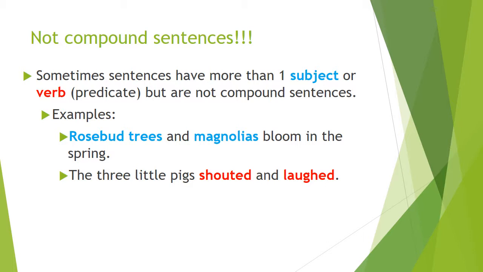Here's another non-example. The 3 little pigs shouted and laughed. It's explaining what the 3 little pigs did. However, it is not 2 independent clauses or simple sentences combined with a comma and a conjunction. It is simply a predicate that has 2 verbs in it.